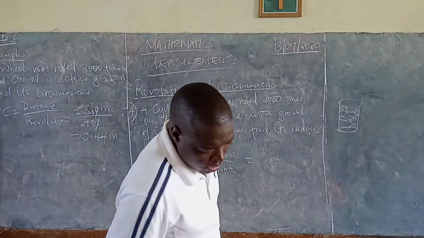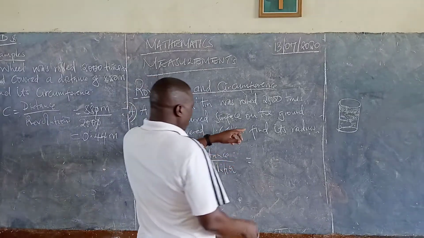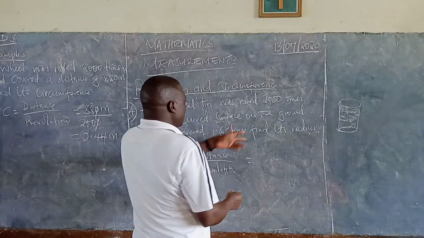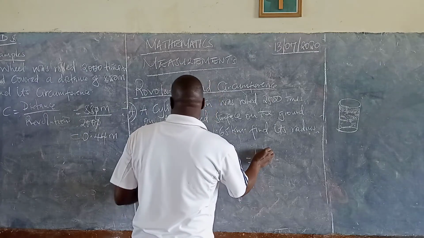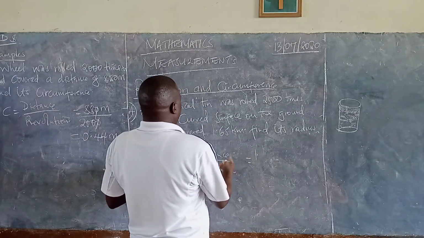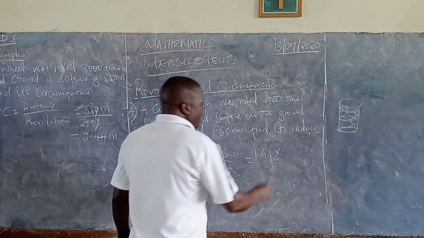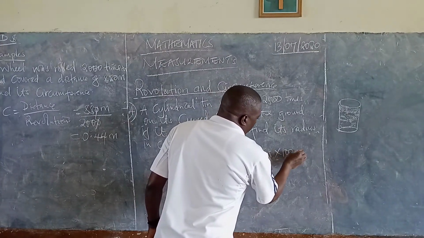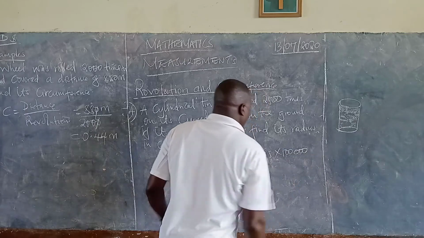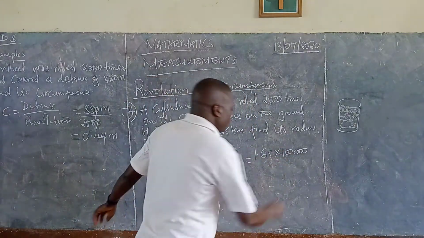So we are going to convert the distance, which is 1.65, multiplied by 100,000, because we are converting these kilometers to centimeters.